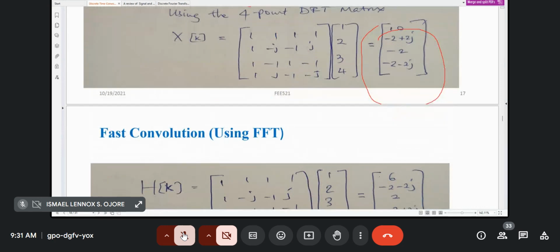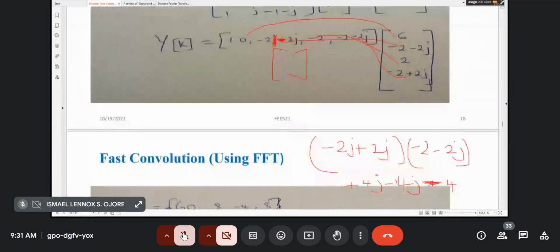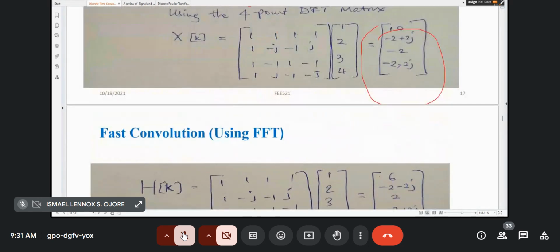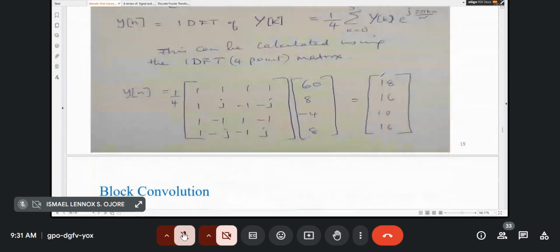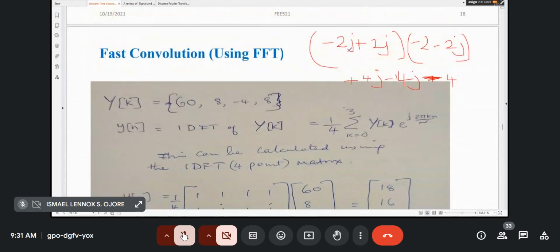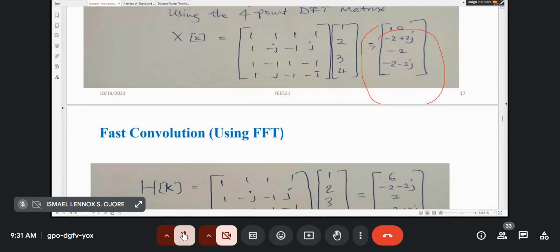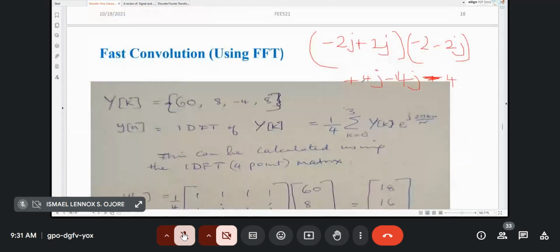It was here, sorry. It is this one, and we are multiplying this one and this one. So the first one is minus 2j plus 2j. Okay? Minus 2j. The X, oh, minus 2 plus 2j.